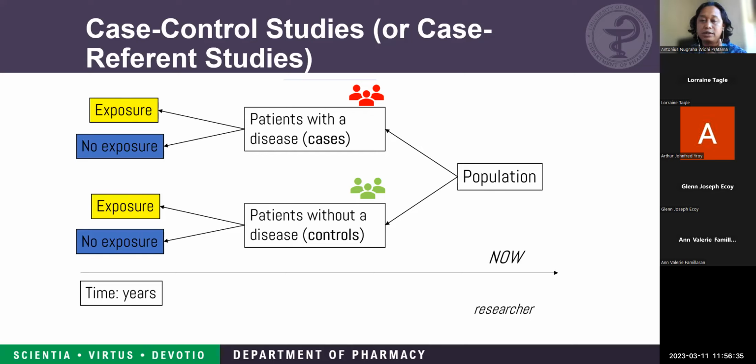But the problem usually with case control studies is that although we can define the cases clearly, sometimes it is not easy to define the controls, or to assume that the controls are at the same level as the cases, because the controls can be everyone without the disease.